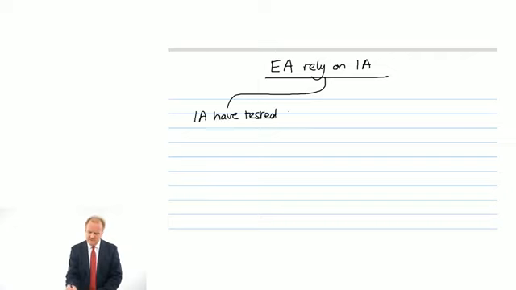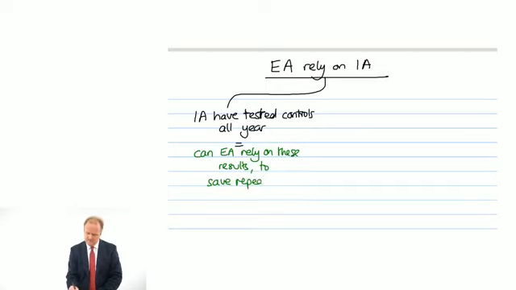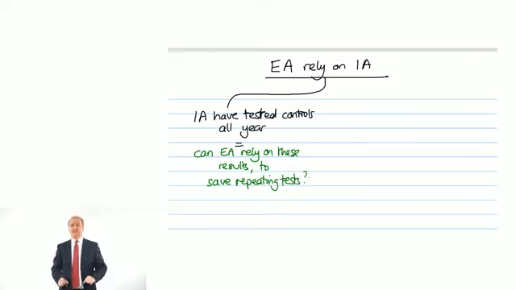The internal auditors of the company have tested controls all year. And that raises a question. I, as external auditor, also need to test controls. So does that mean that instead of doing loads of tests myself, I can pick up these guys' results and rely on them?